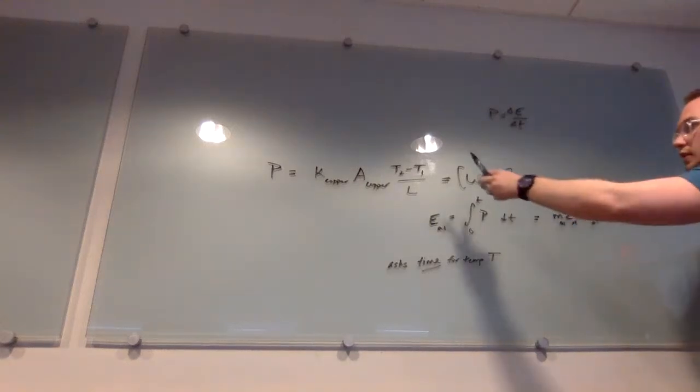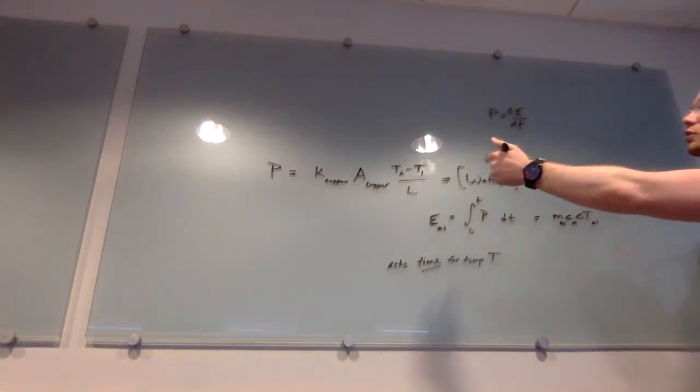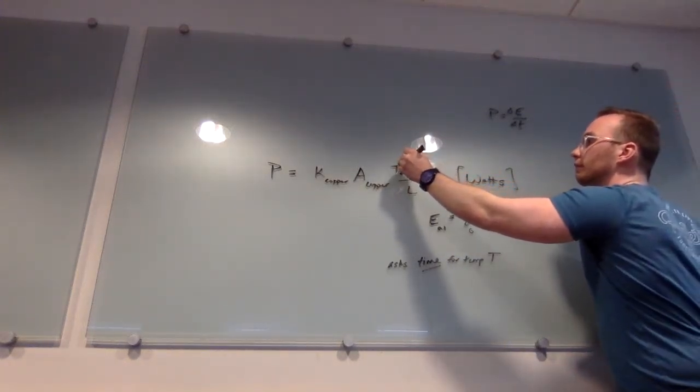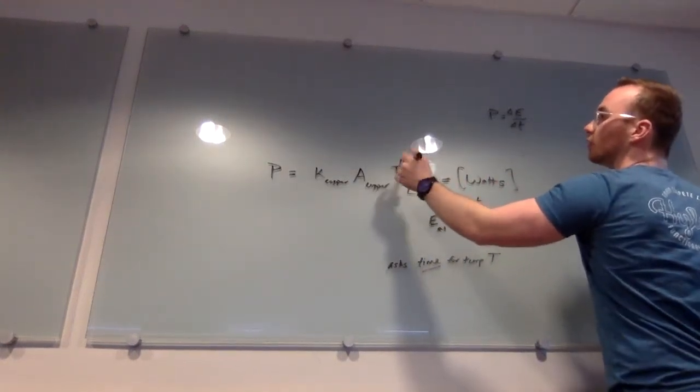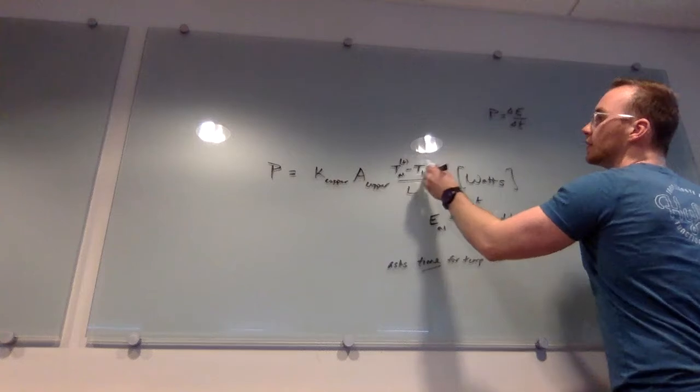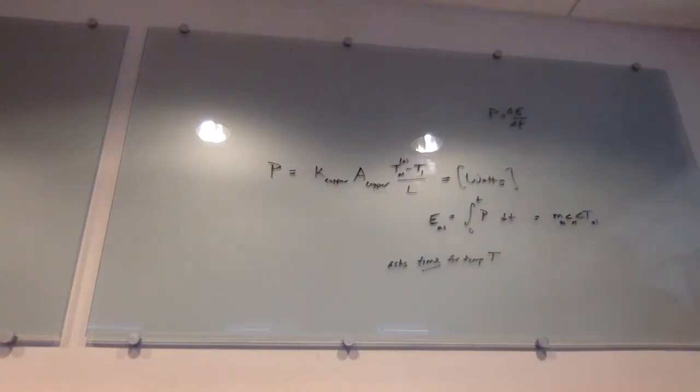Not everything. Let's say T2 is a function of time, I'll call it T of the aluminum. And then T1 is just the other thing, which is a fixed temperature.